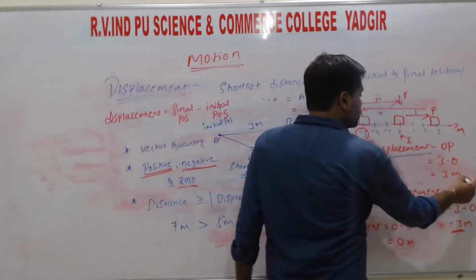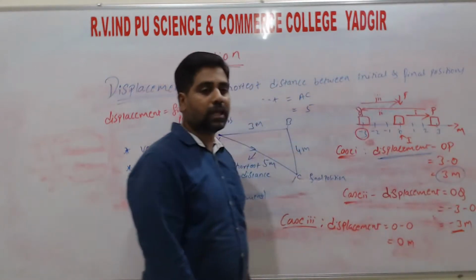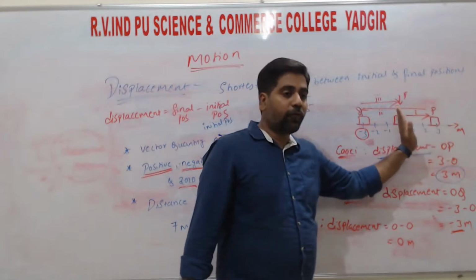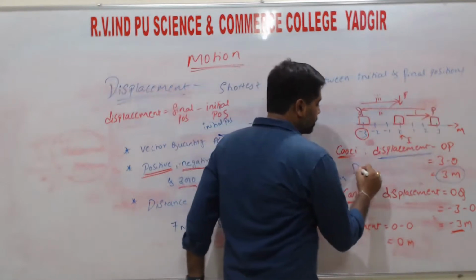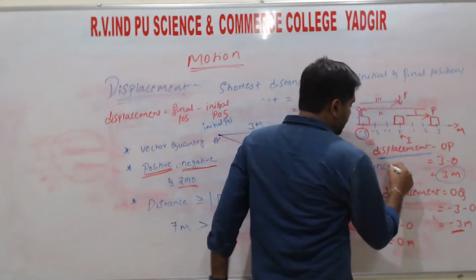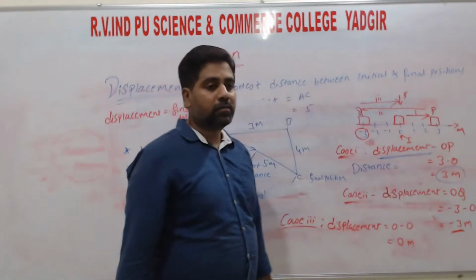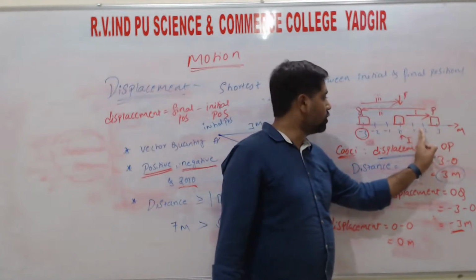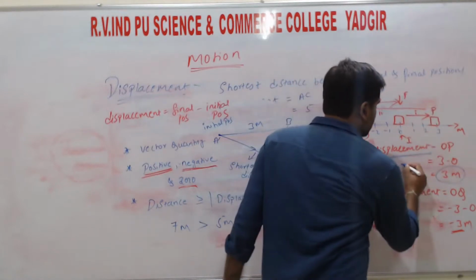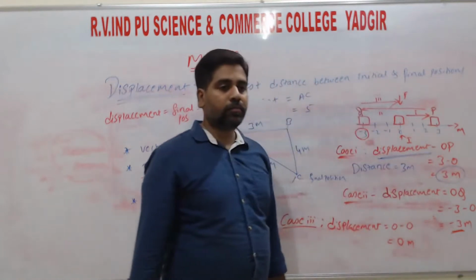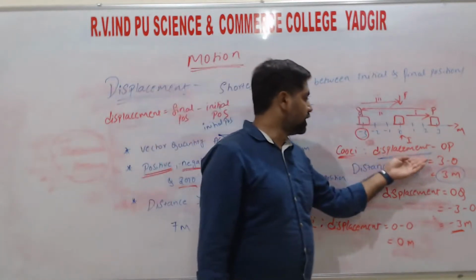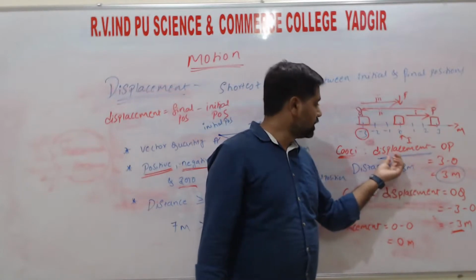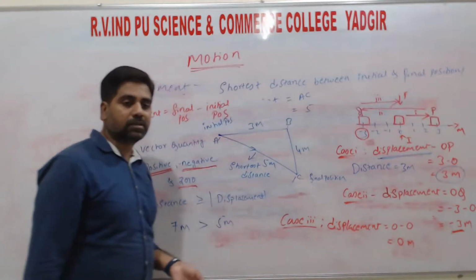In the first case, the displacement we get is 3 meter, that is, the object is traveling from O to P. If we find the distance also here, that is the actual path traveled, from O to P, how much path does it cover? 1, 2, and here it is 3. So distance is also 3 meter, right? Displacement 3 meter, distance is also 3 meter. That means displacement is equal to distance, right?